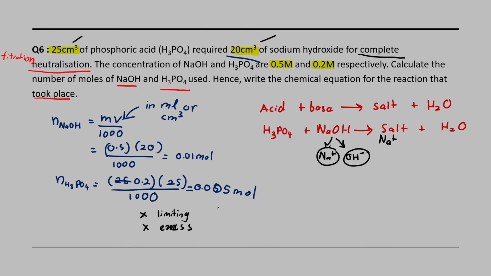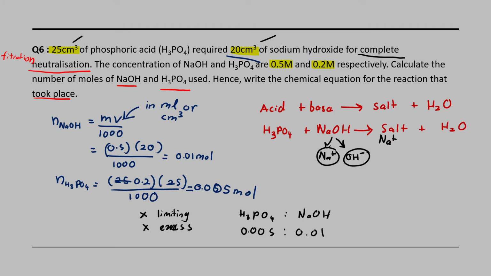So we can make a ratio to get the stoichiometric ratio directly. So we use the ratio between H3PO4 and NaOH. When it is completely neutralized, we take their moles, which are 0.005 and 0.01.